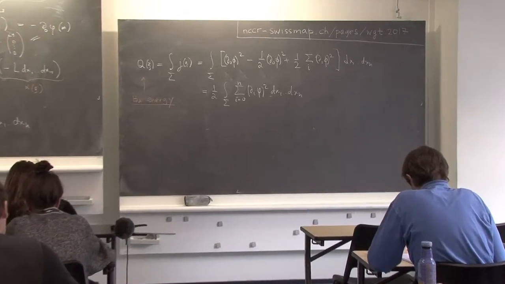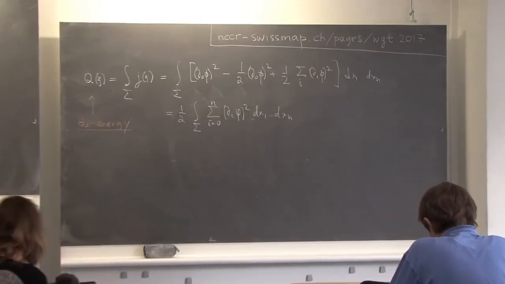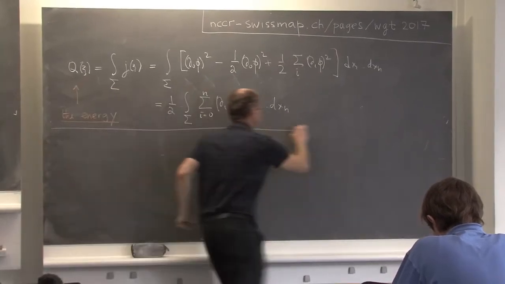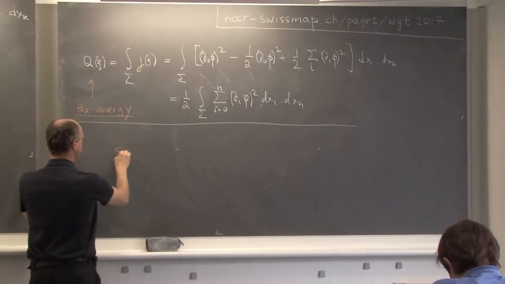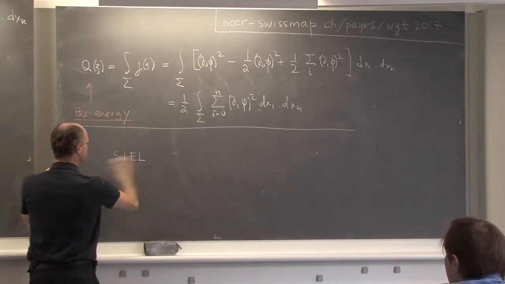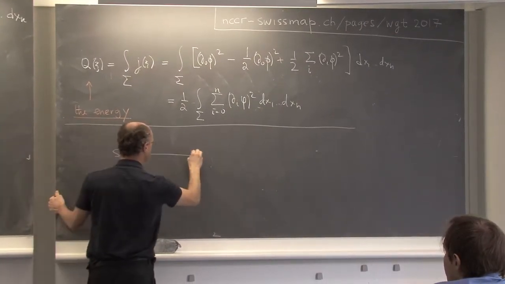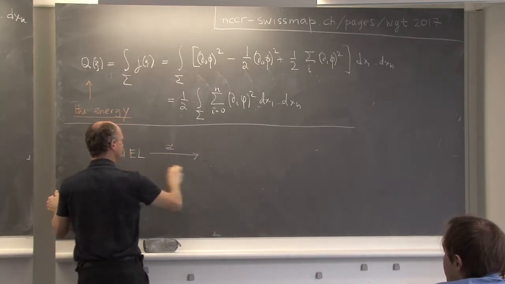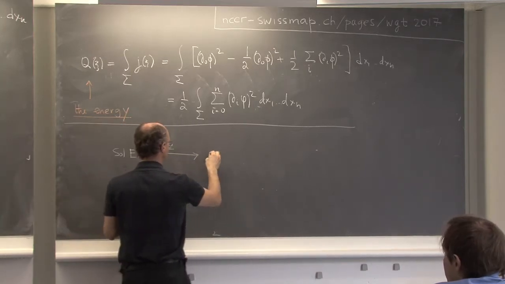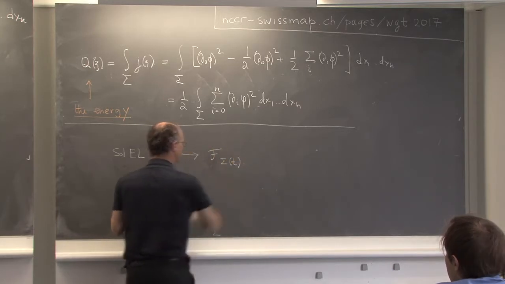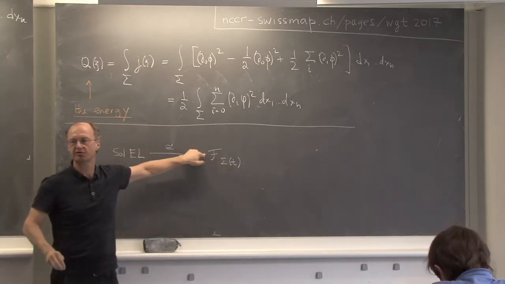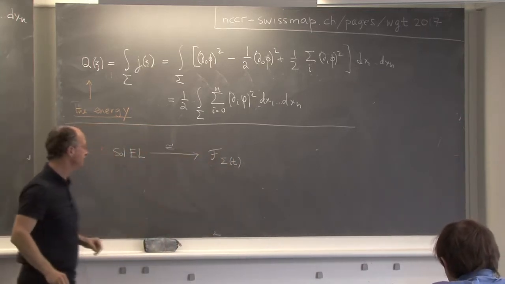Let me recall again our picture. So we have Sol EL. We assume that it is isomorphic to the space of fields that we defined on the time slices.